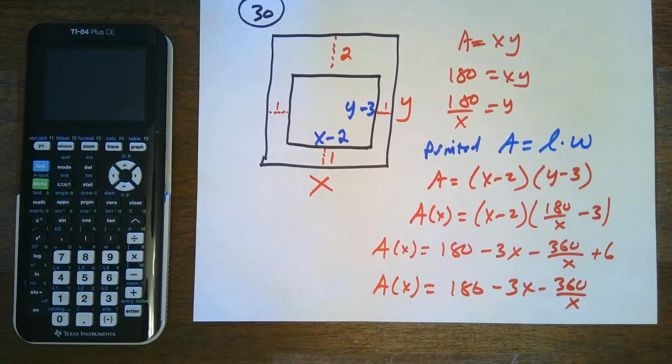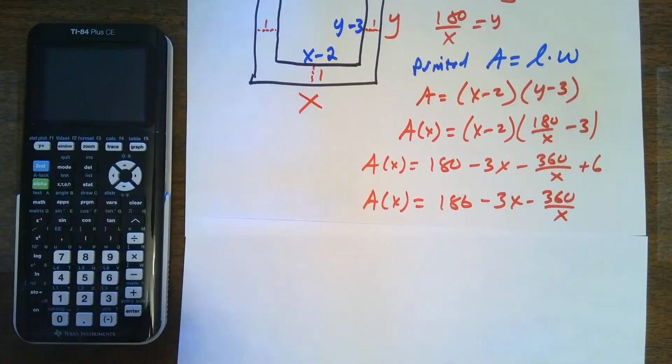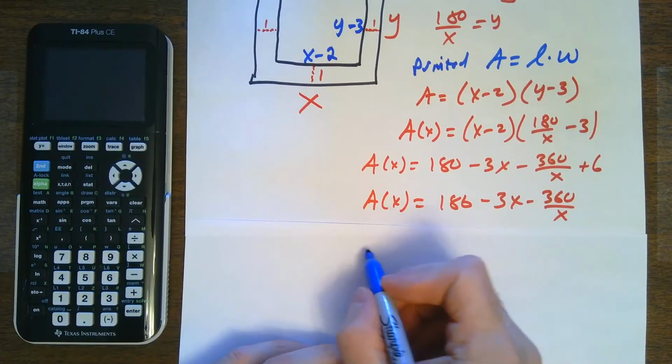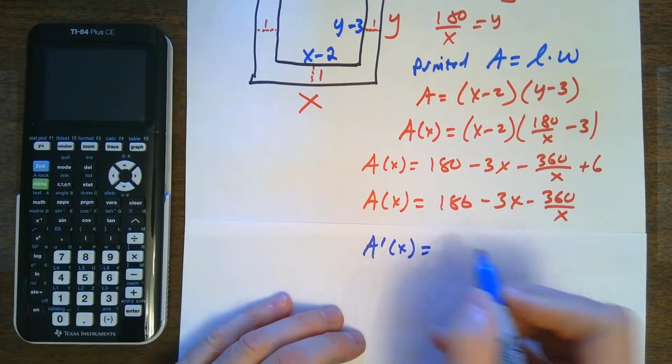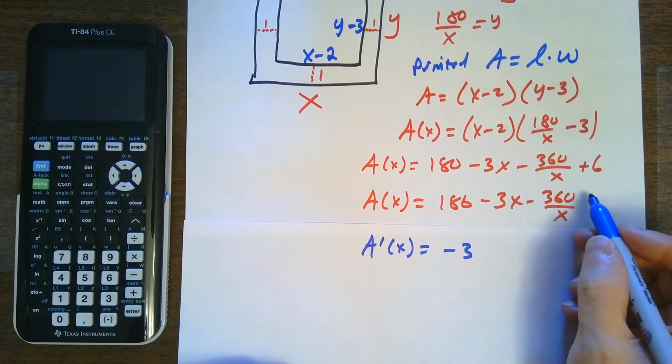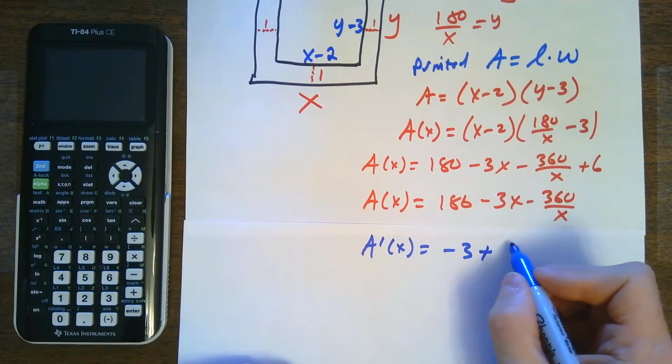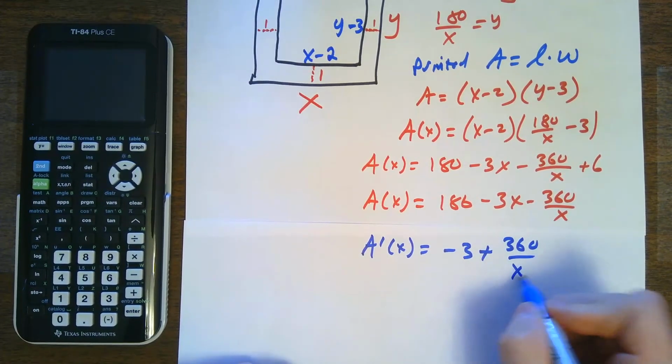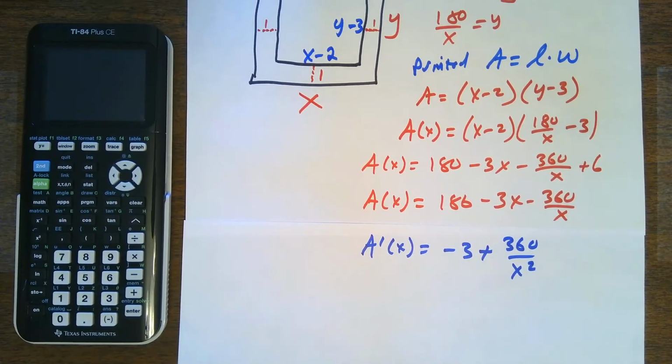Let's take the derivative. And I'm going to get negative 3. Let's see, this is x to the negative 1, so negative 1 times that, plus 360 over x squared. Set it equal to 0.